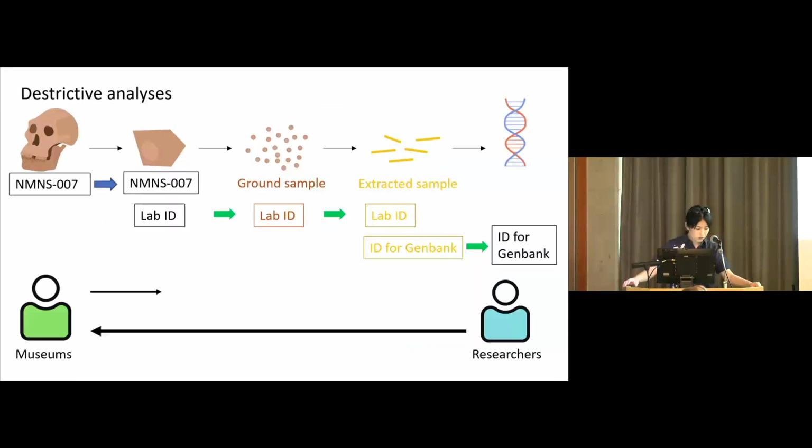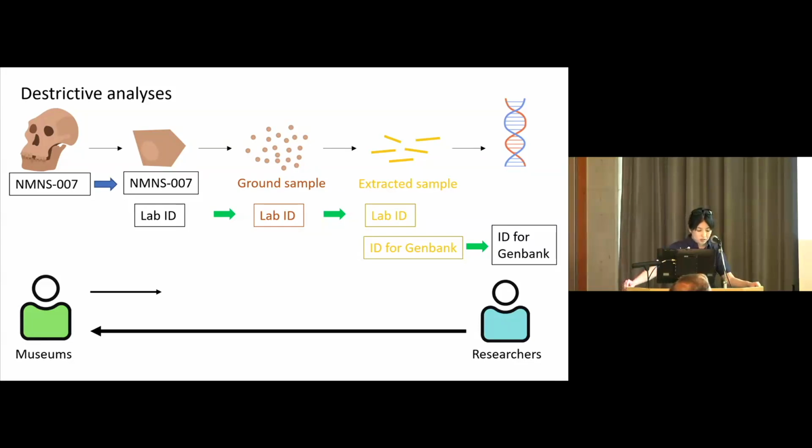So let's imagine how specimen 007 is processed in a study and how it obtains new attributes. It starts with, say, MNS 007. The aliquot specimen is also the same 007, the same number, but this piece would get a new ID for lab management. And if not all, some portion of the 007 piece would be ground up and go through further extraction processes.